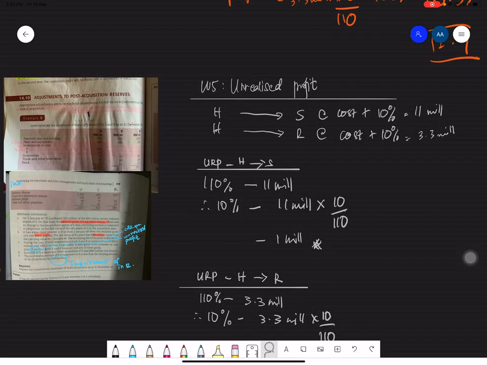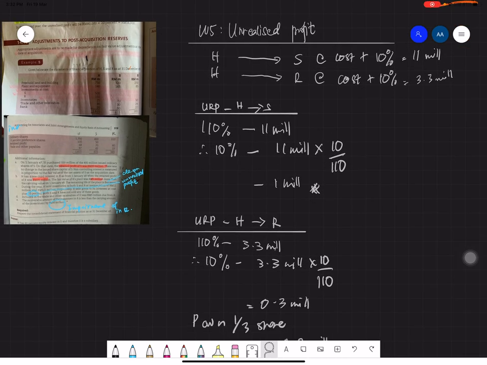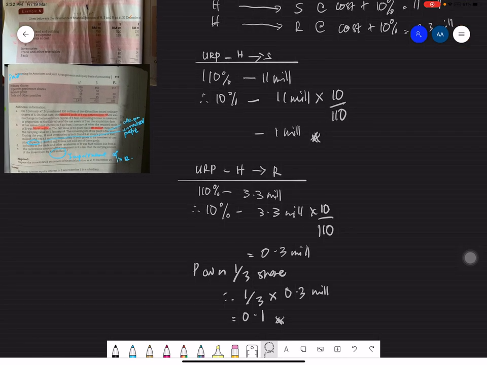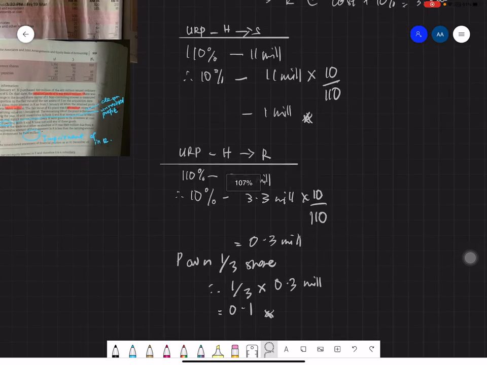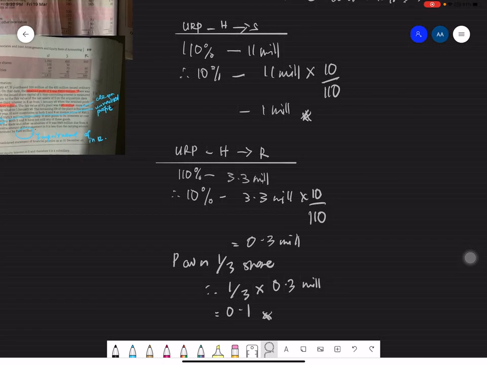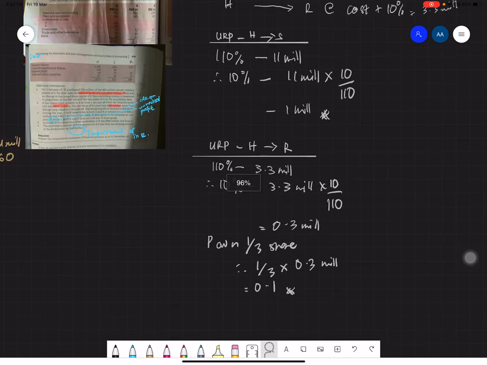I'll work it out again. So this is the working. Unrealized profit on the transaction of H and S is 1 million, and unrealized profit on the transaction of H and R is 0.1 million.